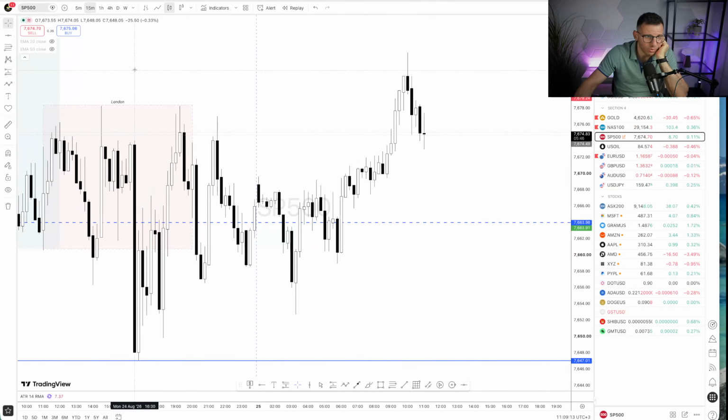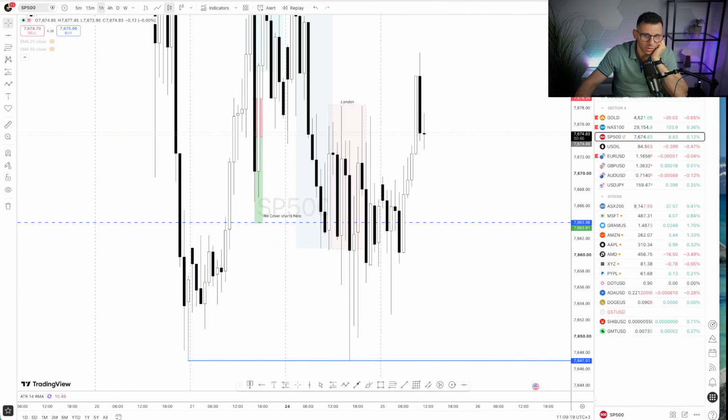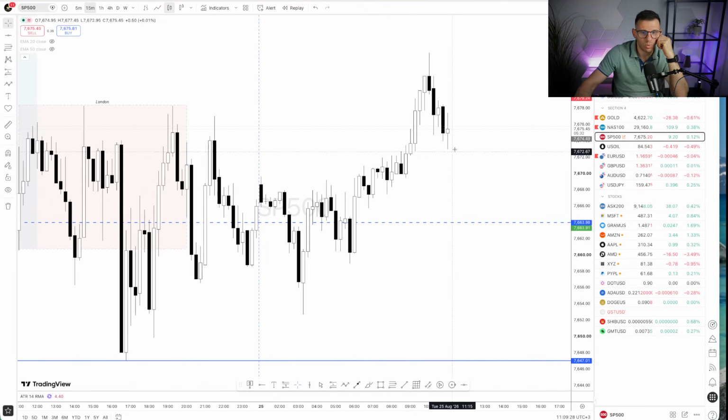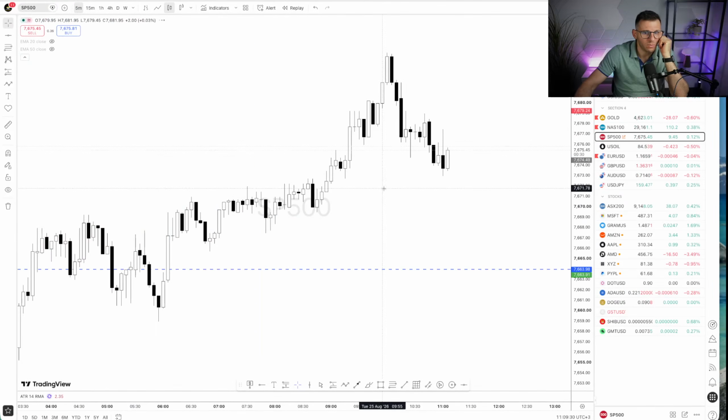What's the story with the S&P? We're gonna find some trades here or what? The hourly made a higher high since yesterday, which is good. Can have the pullbacks here. 15 minute is settling.